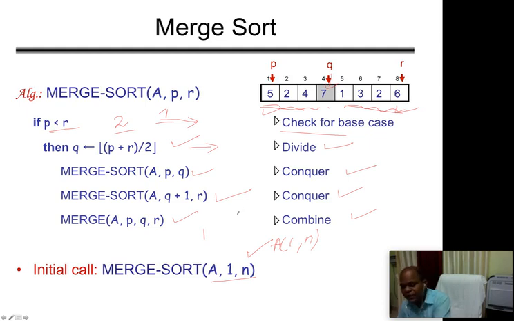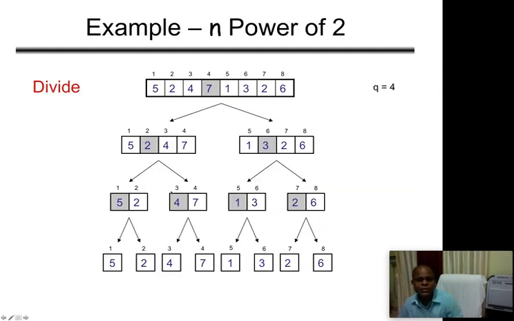Now how does the merging of two sorted sequences really happen? You see how this division happens. As I have told, this is 1 to 8, by 2 that means 4, your Q becomes 4 here, and now 1 to 4 is one sequence, and 5 to 8 is another sequence.